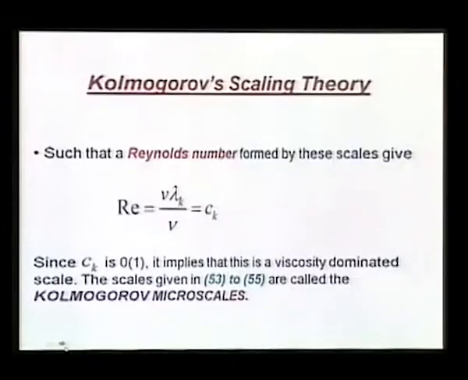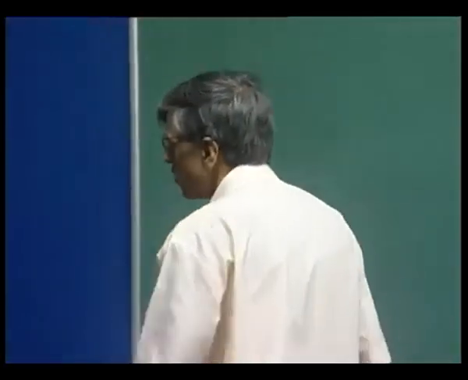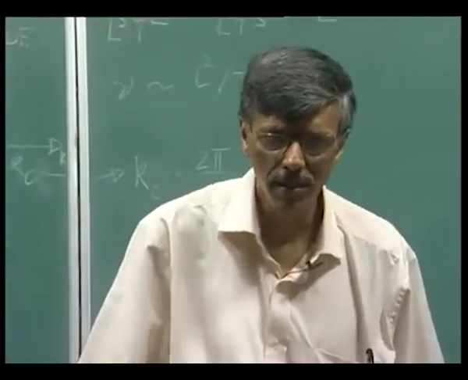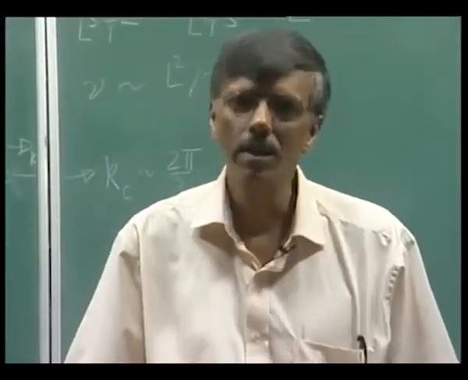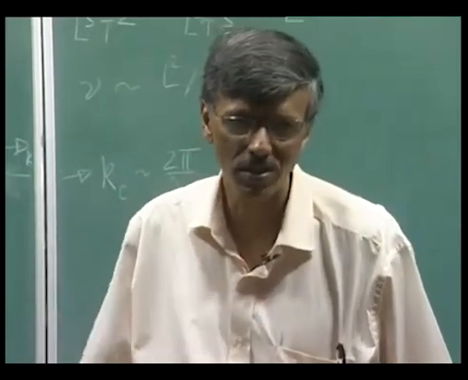These scales where the viscous effects are as dominant are what are called the Kolmogorov microscales. This is where you can go at the most, given a flow field, given the flow property: you can go up to maximum the Kolmogorov microscales.